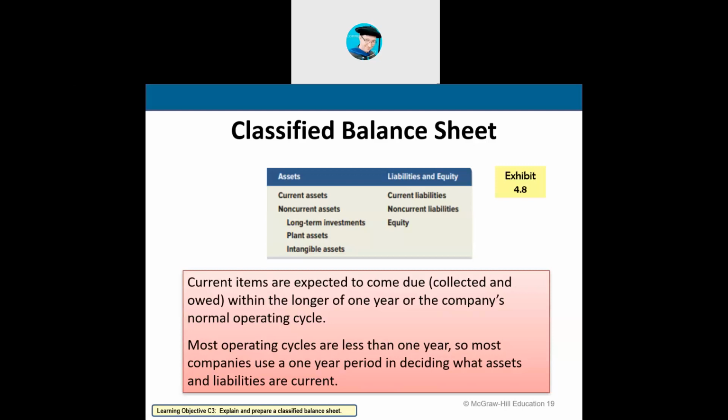And then equity, as you know, is what the owners own within the business. That would include things like dividends, common stock, preferred stock, capital. They're all equity accounts.